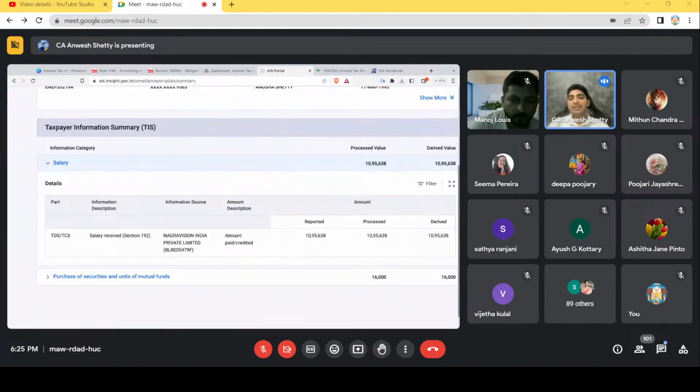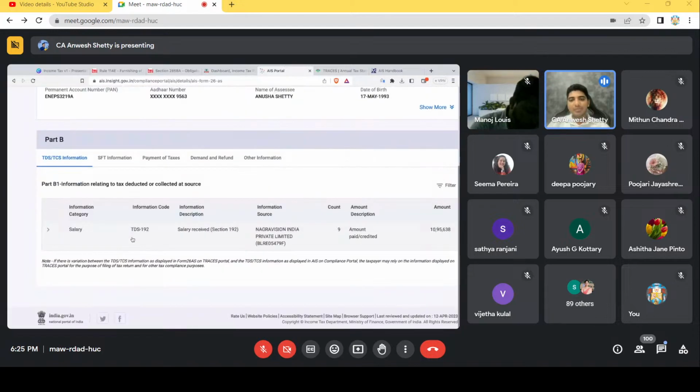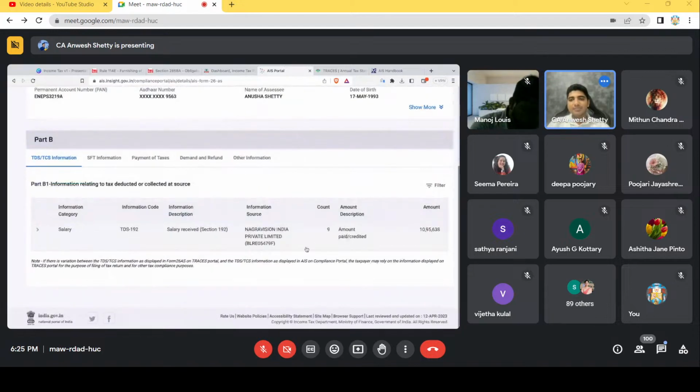Sometimes it may so happen that the amount in 26AS may not match here because of some technical glitch. But the underlying golden thumb rule is you have to declare what is correct. Look at the amount of information that is captured in this AIS. If you click on that particular salary, it says this 10 lakh rupees of salary is not for the whole 12 months.